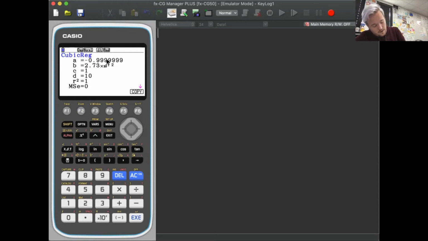So we're going to have an A value of -0.9999999, not repeating. Then we have a B value of 2.73 times 10 to the -12. And we have a C value that is 1 and a D value that is 10.